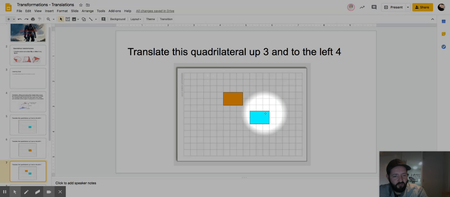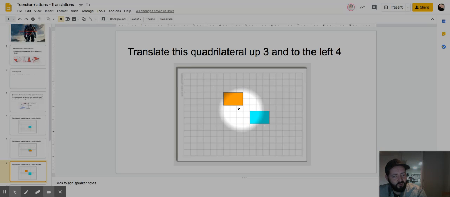We can double check all of our vertices here and make sure that they're all up 3 and to the left 4 from the original points as well. The other thing you could do, and in my opinion, this is a little bit more efficient use of your time, is to map out just one of the vertices, making sure that the top left vertex is up 3 and to the left 4, rather than recounting it all over again for the other 3 vertices of our rectangle.